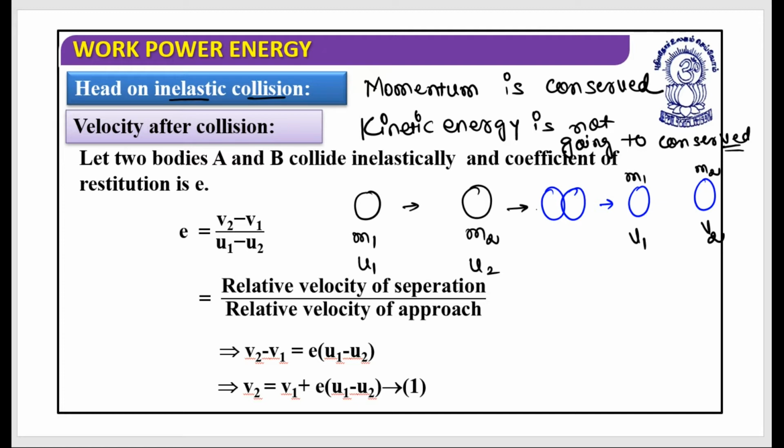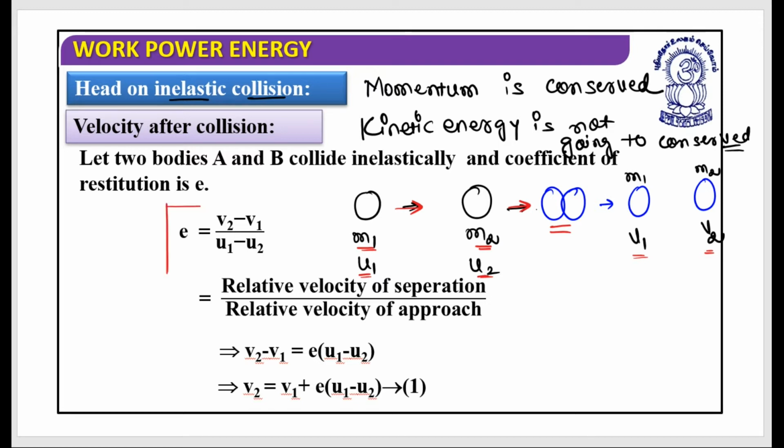So let's begin. The first object m1, velocity u1, moving in the positive x direction, another object m2, velocity u2, moving in the positive x direction. They are going to collide over here, and after collision their velocities would be v1 and v2. Let's find out what v1 and v2 will be.